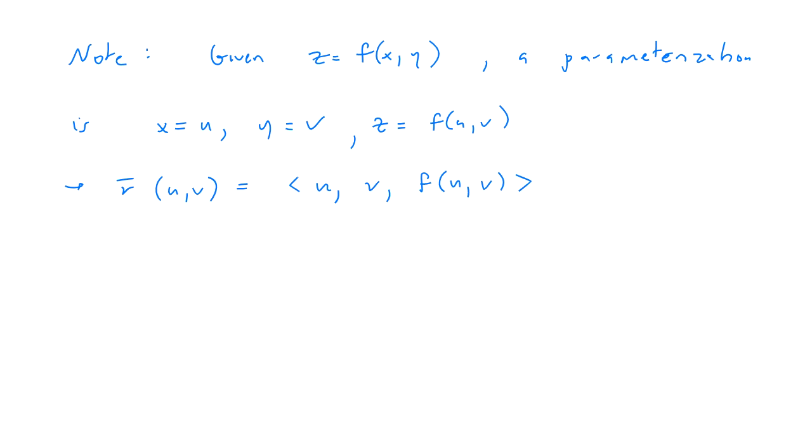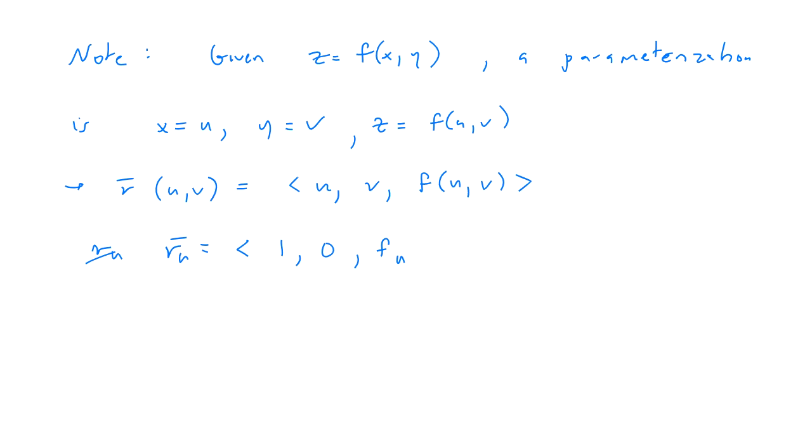So I can do, in general, so I don't actually have to do the parameterization. I can say, well, what does this give us? So what is the derivative of this with respect to u? So obviously the first term, the derivative of u with respect to u, is 1. Derivative of v with respect to u is 0.